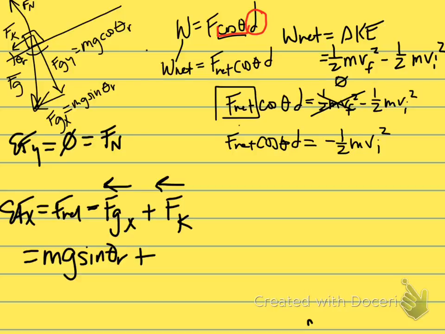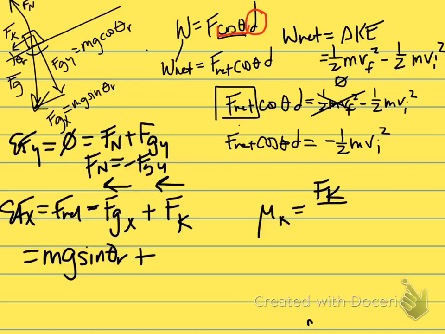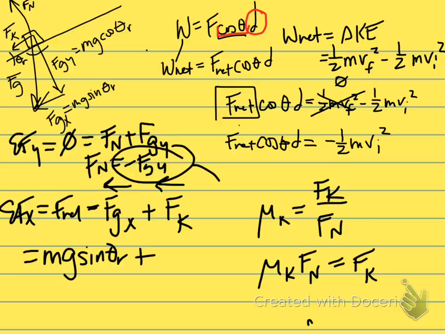And we know that normal force and F of gy are the only two things there. So we know that normal force is equal to the negative of F of gy. And we know that mu k equals Fk over Fn. So mu k Fn equals Fk.